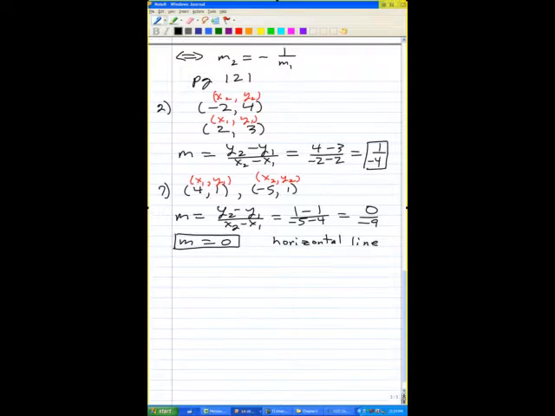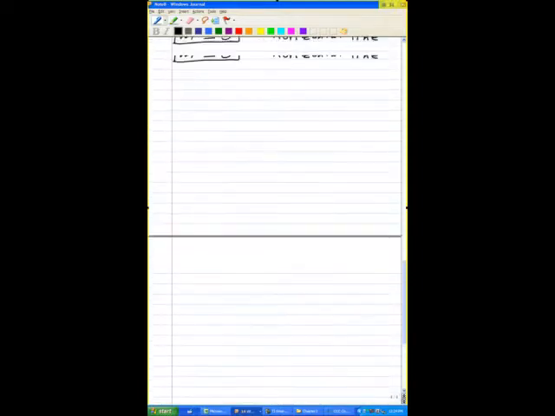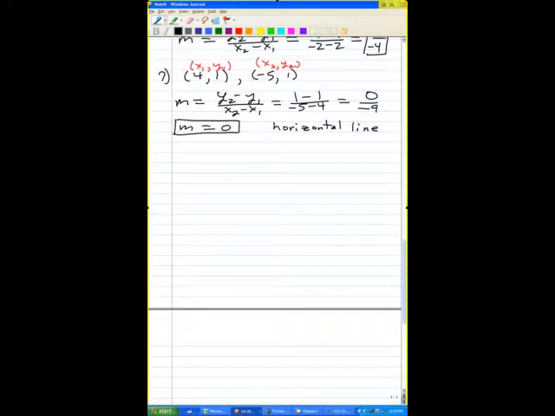Let me do problem number 11. (3, 0) and the other point is (3, -3). So let's call this x1, y1, x2, y2.